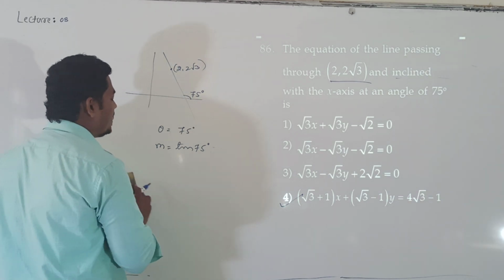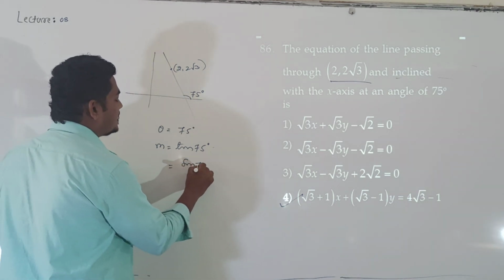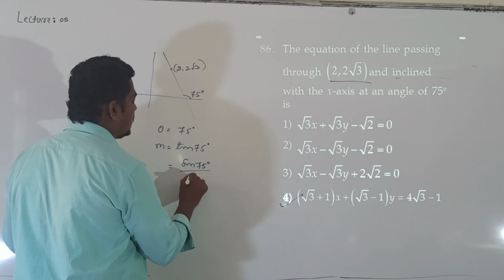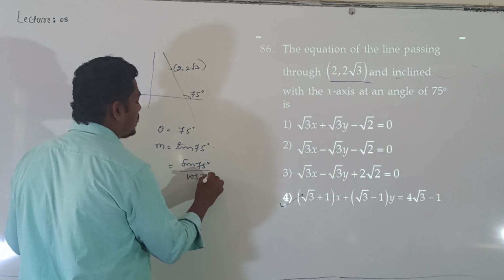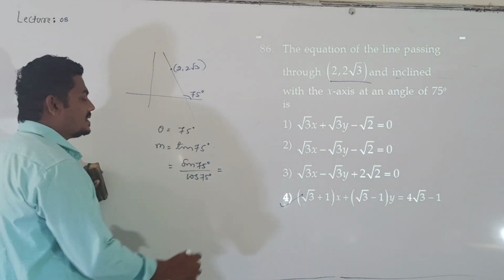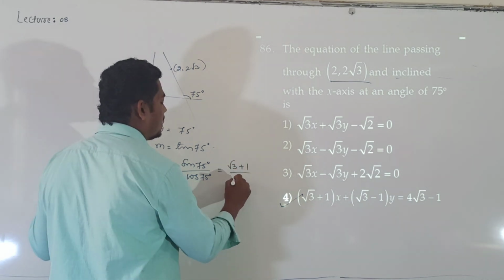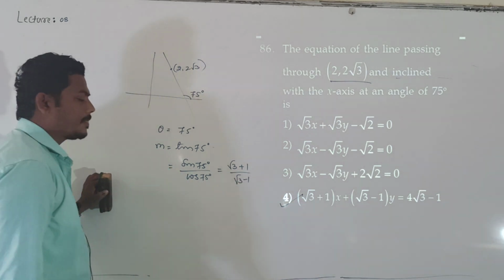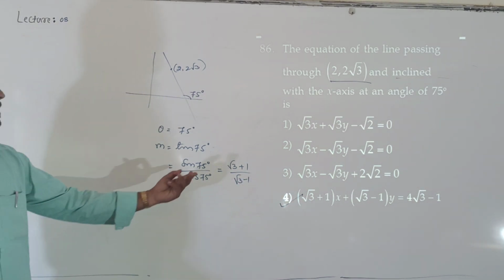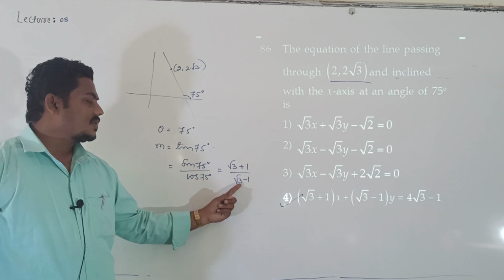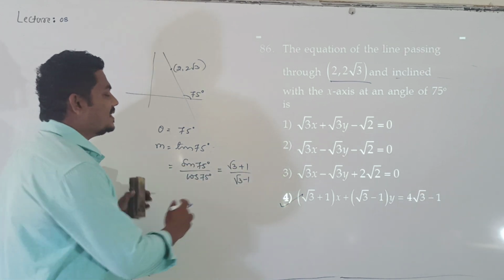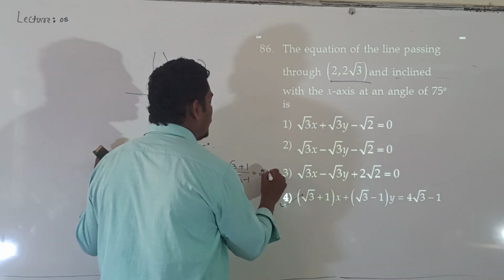What is the slope? Tan 75. That is equal to sin 75 divided by cos 75, that is equal to root 3 plus 1 divided by root 3 minus 1, right? This is nothing but 2 plus root 3 only.